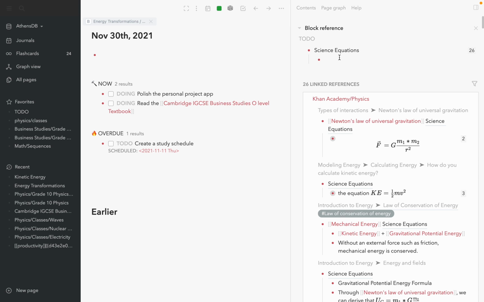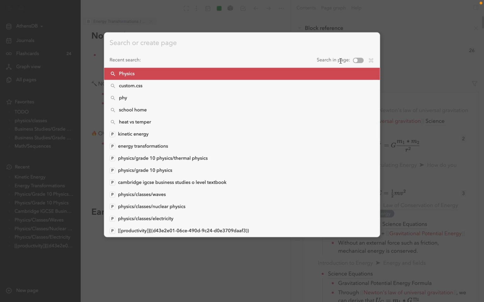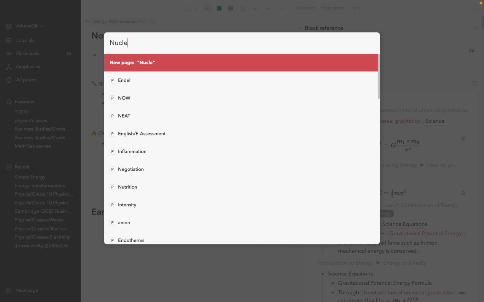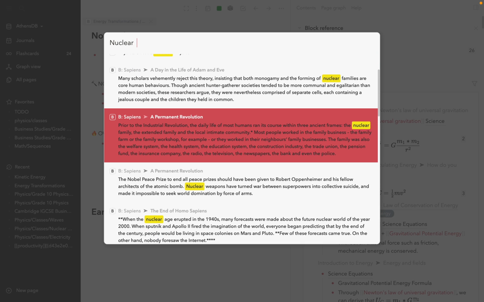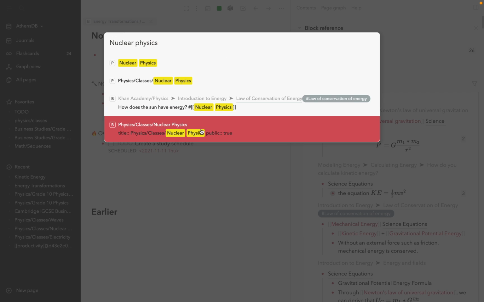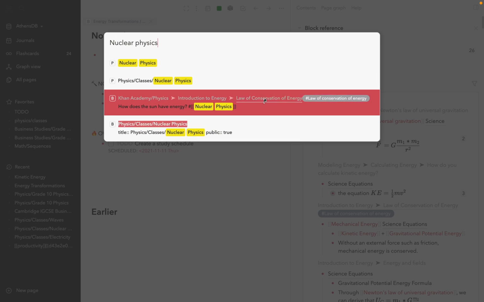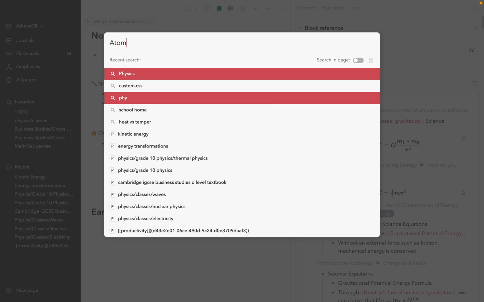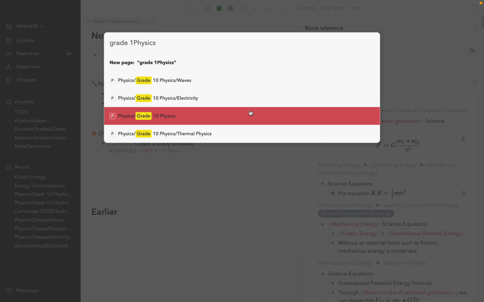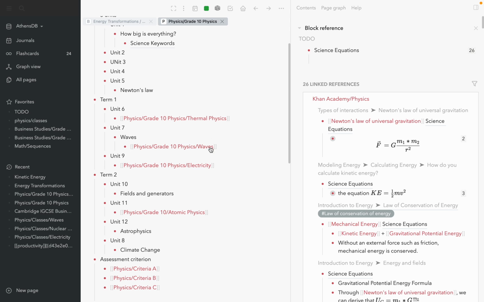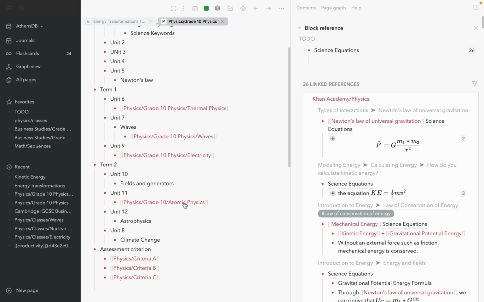Now, I've talked about block references quite a bit, so I'll give an example of where I use block references. Let's say I go back to my physics, grade 10 physics page, and now I go to grade 10 atomic physics.